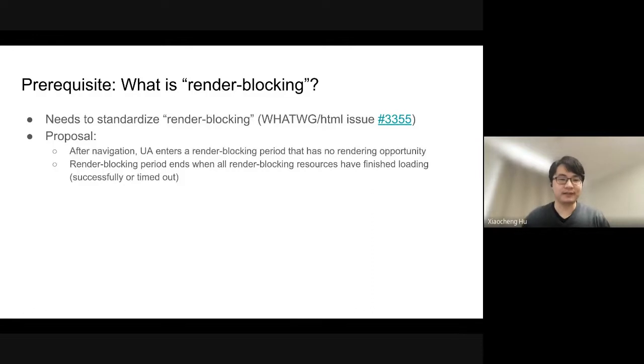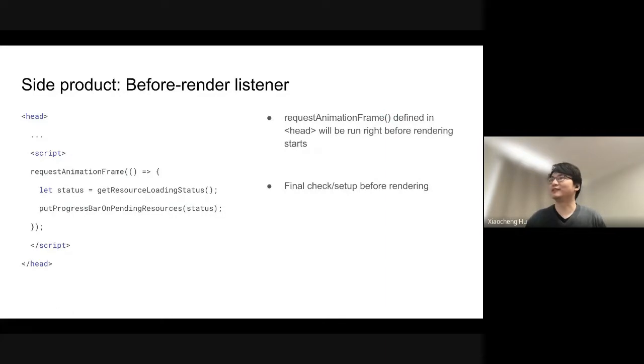And by standardizing this concept, we actually have a side effect, or side product, which is a good one. We can have a JavaScript listener for when the first rendering starts.